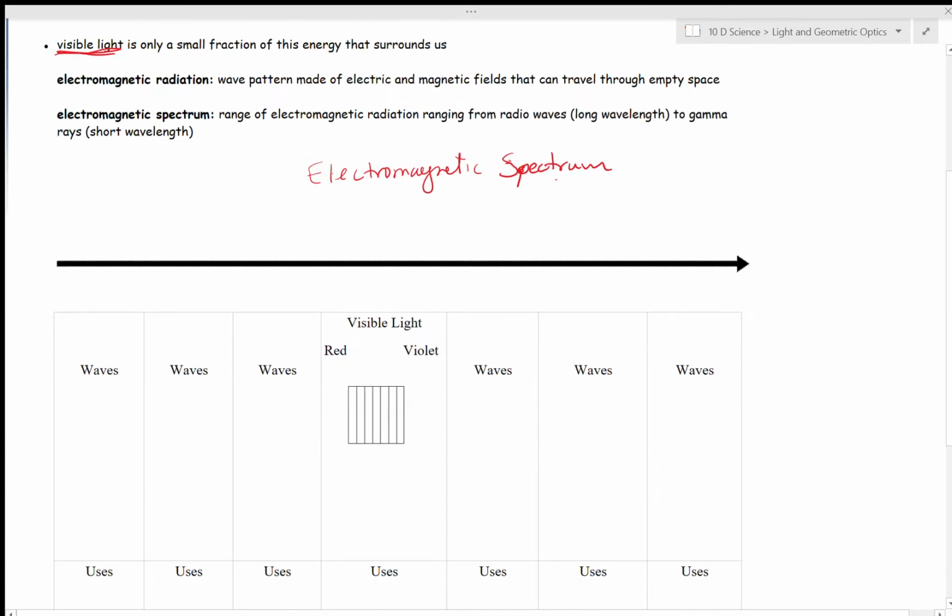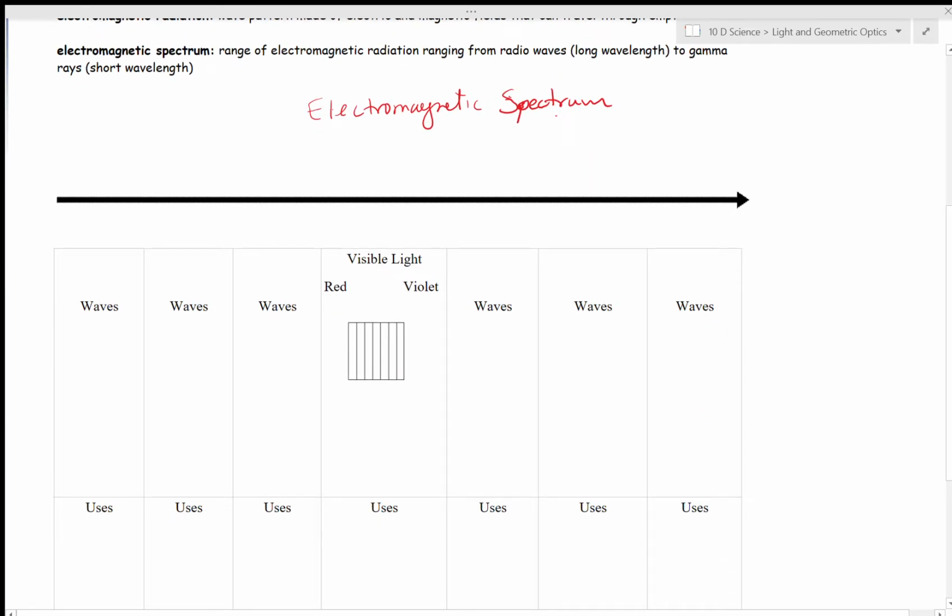When we're looking at the entire spectrum, you'll notice a couple of components. As I go from left to right here, this line represents frequency. Here we have very low frequency, and it increases to very high frequency.